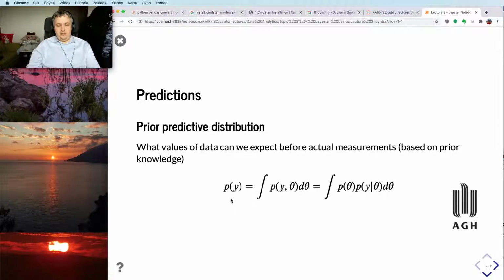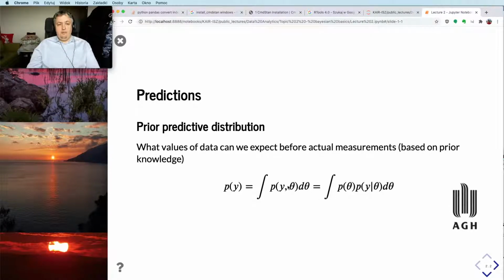Both parameters and measurements have some kind of probability distribution that comes from our model, our understanding of the situation. We not necessarily know the parameters theta, we only have some kind of prior knowledge about them, some kind of distribution.